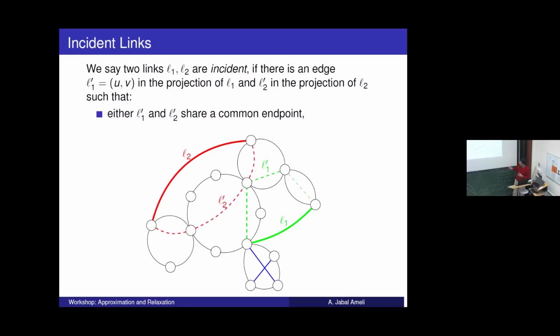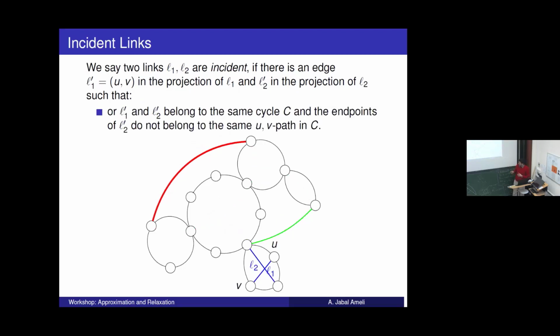So this means that L1 and L2 are incident. The second case is that L'1 and L'2 belong to the same cycle, and the informal but simple way to explain this is that if you draw the cycle, the 2 links cross. So in this case, we also say that L1 and L2 are incident.